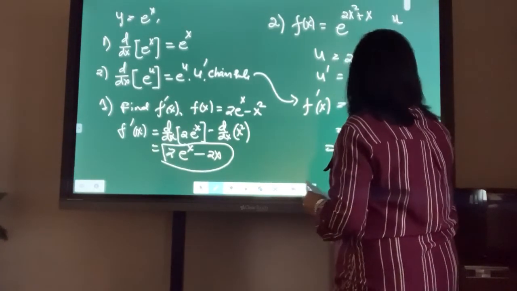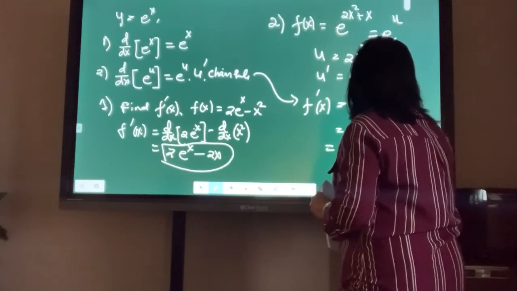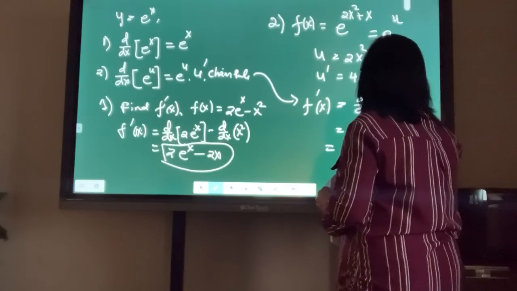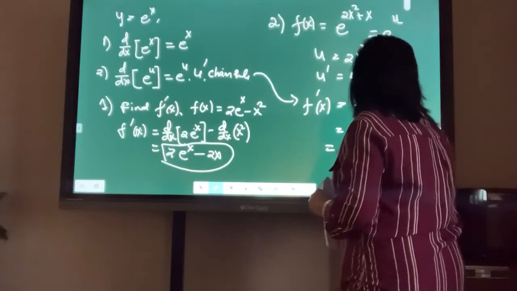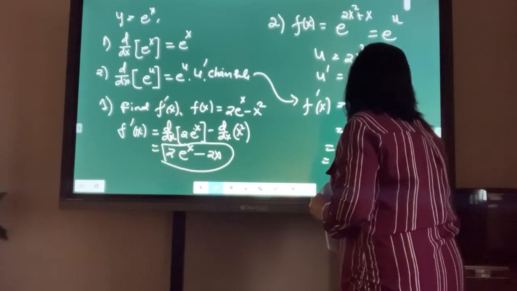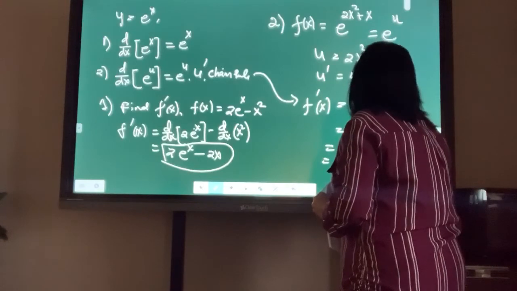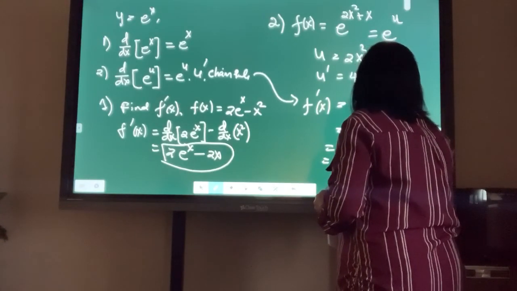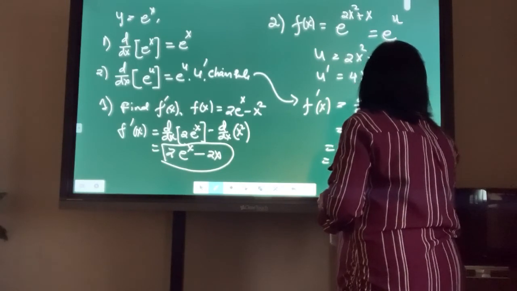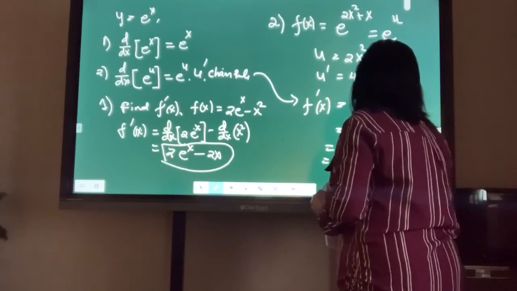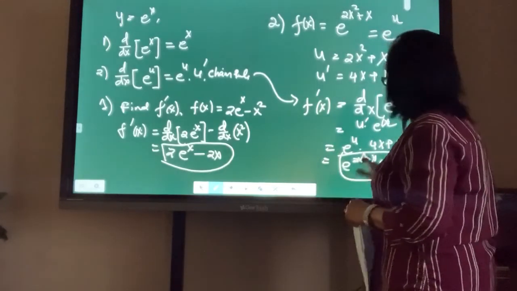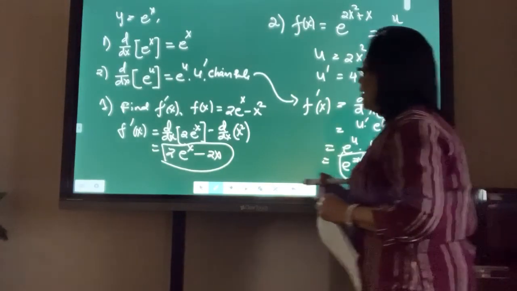So now e to the u will remain here, and u prime is 4x plus 1. Finally put the u substitution back in place, so the final answer would be e to the 2x squared plus x, and then you can put in parentheses 4x plus 1, and this is one of the expected final answers for it. Okay.